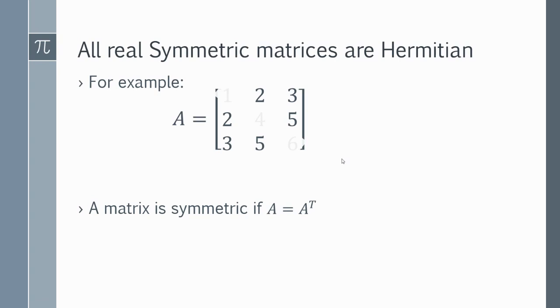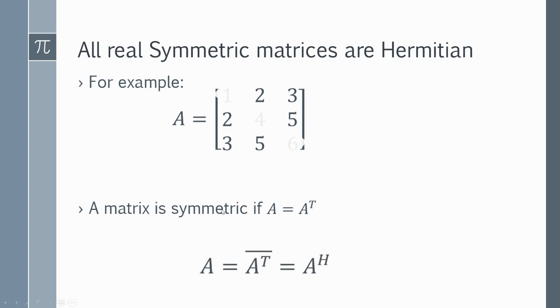By definition, a matrix is symmetric if your matrix A is equal to its transpose. So we've basically shown that the two conditions for being Hermitian are satisfied. We've got the original matrix, you find the complex conjugate, then you find the transpose. So the complex conjugate transpose is exactly the same as the matrix.